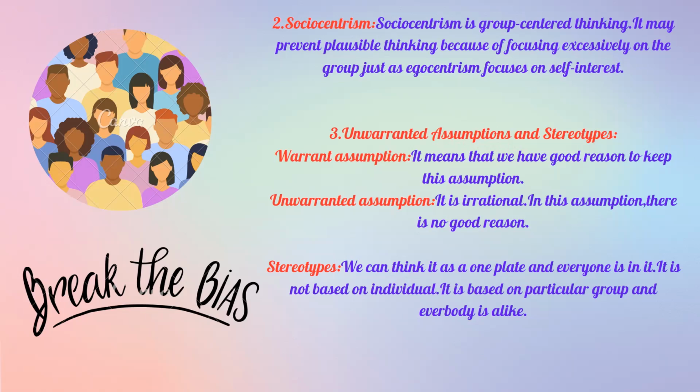Good reasons can be clues, evidence, or hints. And the other kind, unwarranted assumptions, are illogical. In this kind of assumption, there is no good reason, no clue, no hint. You make up foolish, stupid things.